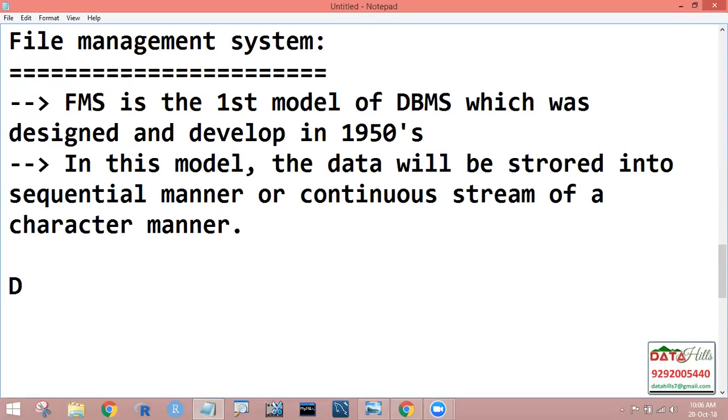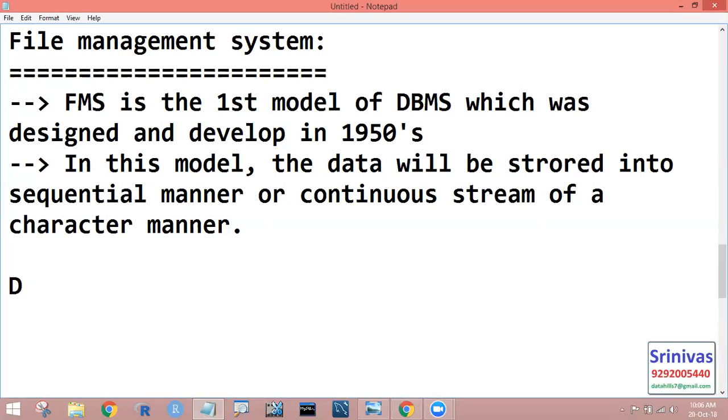What are the main drawbacks in it? Whenever the data is stored in a sequential manner, that is in a continuous stream of characters, it doesn't contain any rows and columns. Just like how we use Notepad, similarly at the time they stored the data in a continuous manner. If they wanted to separate the data, row wise or column wise, they used delimiters like commas or enter.